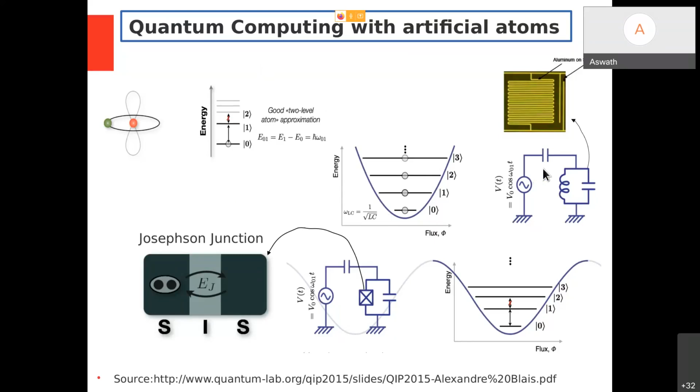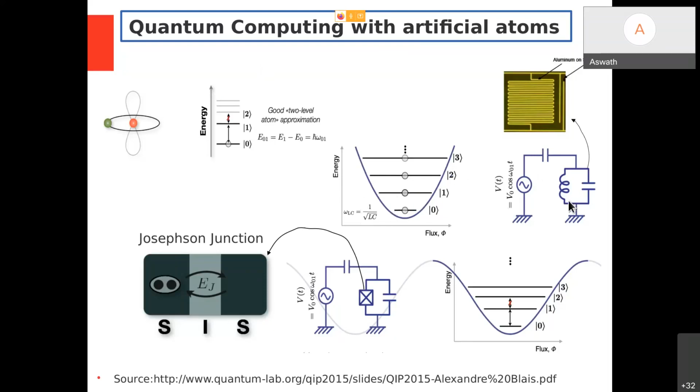At a given instant of time, if I look at this LCR circuit, the charge on the capacitor can exist in multiple states, with a certain amount of charge and some other amount of charge and so on. Those individual charge states I can always represent as a kind of quantum state.